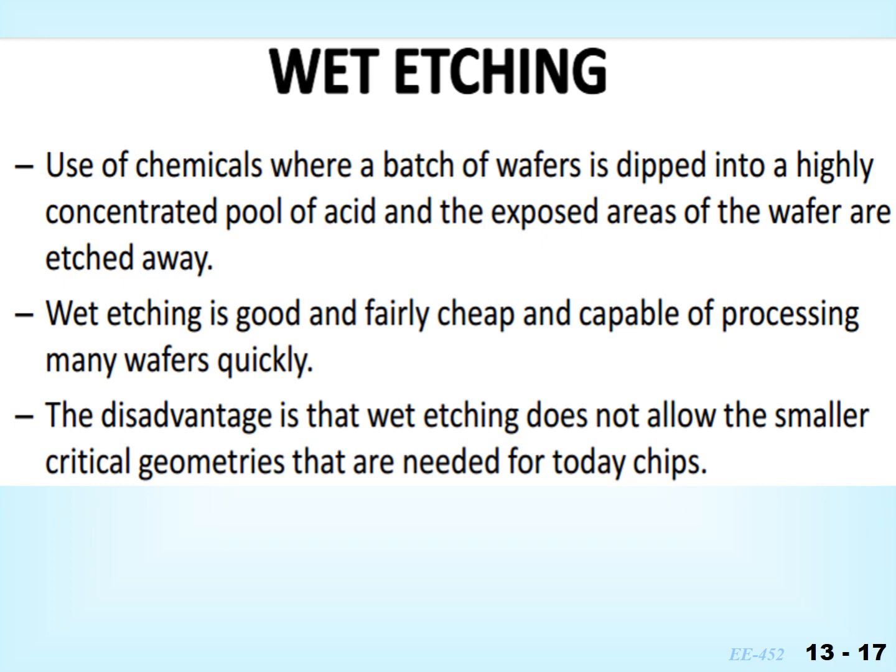The outcome of photolithography is that certain areas of silicon dioxide are protected, whereas certain areas are exposed. When we use the etching process, the exposed area of silicon dioxide gets removed. Wet etching is a fast process and it is cheap, but it has certain lateral etching, due to which it is not preferred for very small geometries.